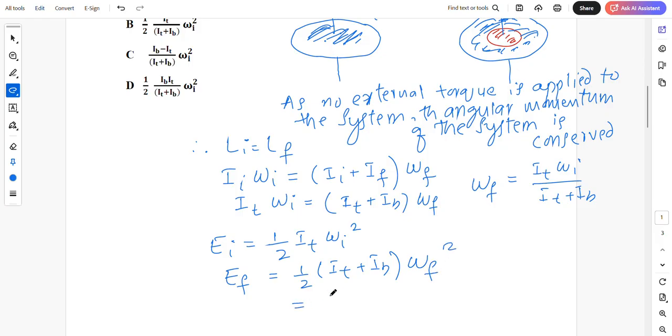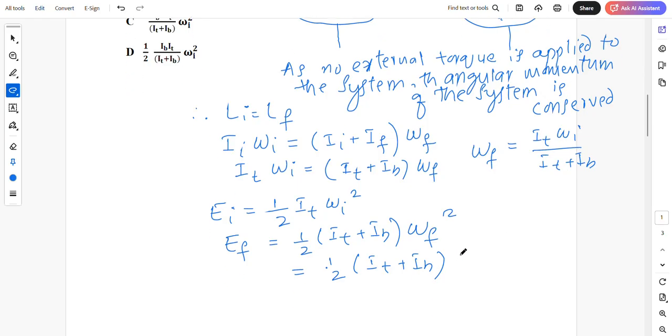Now you substitute the value of omega F here. How much? Just now we calculated, that is IT into omega I divided by IT plus IB the whole square.